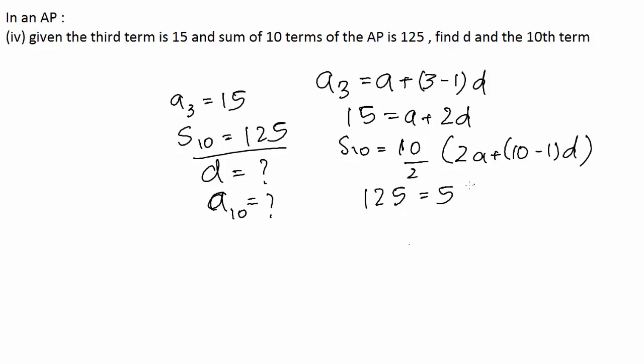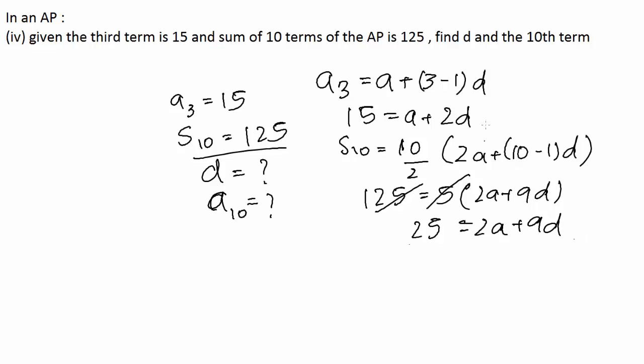Okay, so 5 into 2a plus 9d. Now you can cancel it over here, so it becomes 25 is equal to 2a plus 9d. Now let this be equation 1, let this be equation 2.